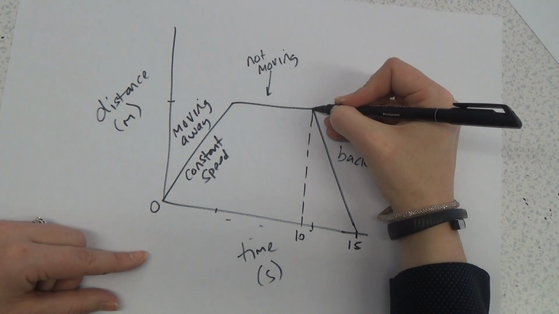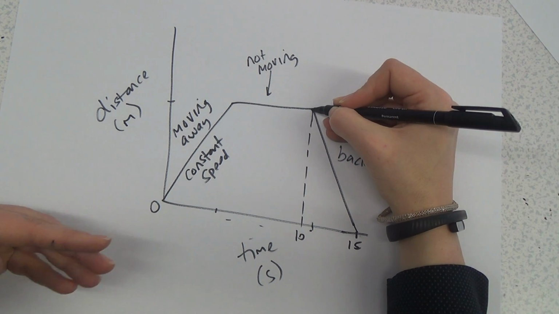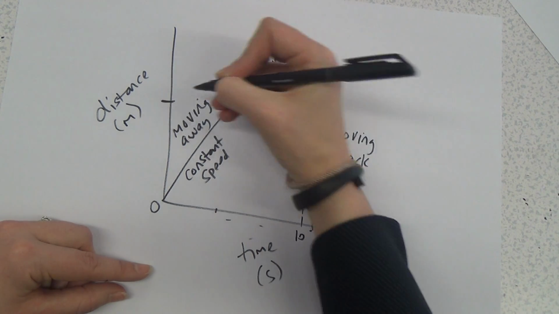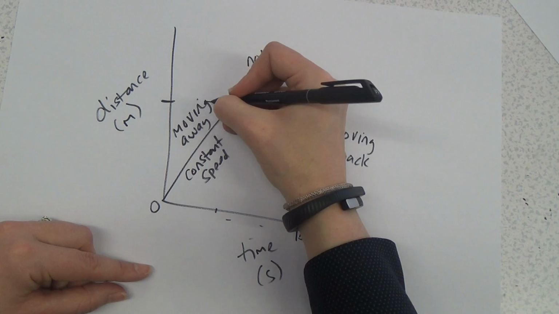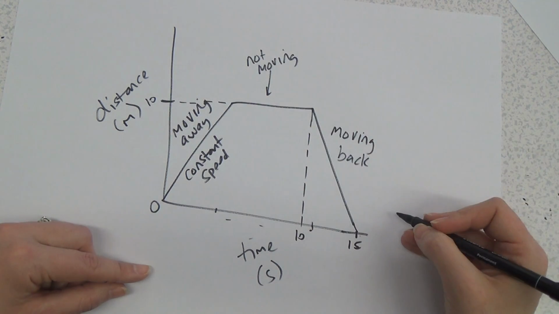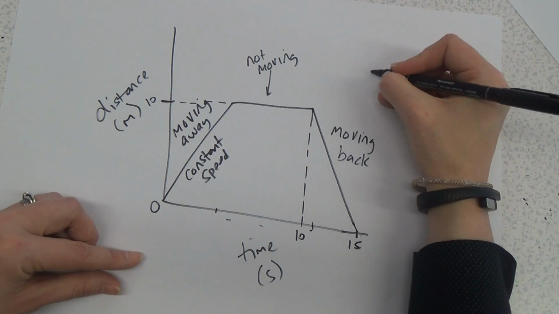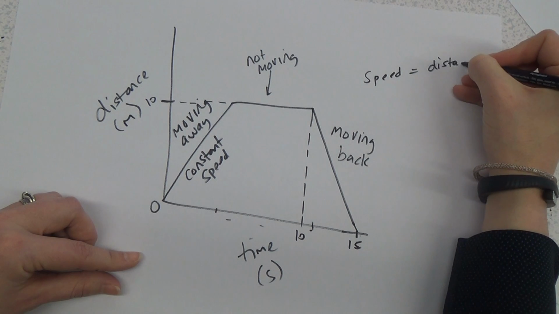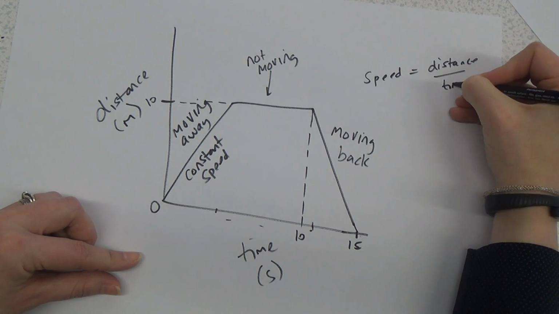And then the line where it started, where originally it wasn't moving until it returned, find out how many meters that actually was. So work your way right across to work out the number of meters, and let's just say it was 10 meters. Now remember, speed is equal to distance divided by time.